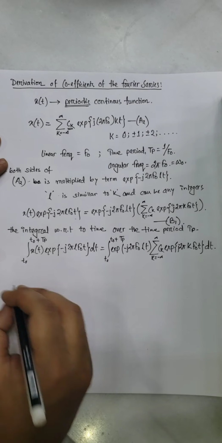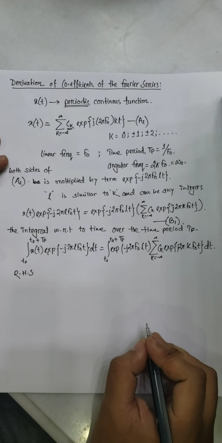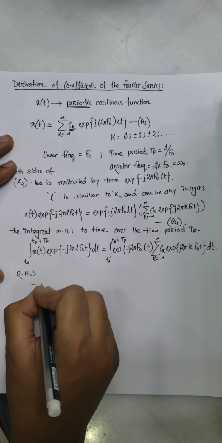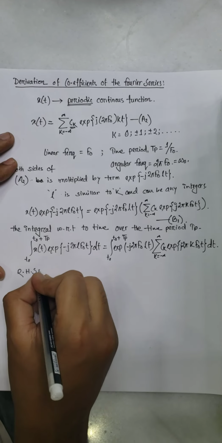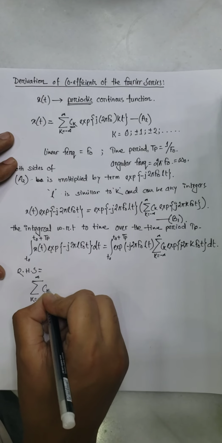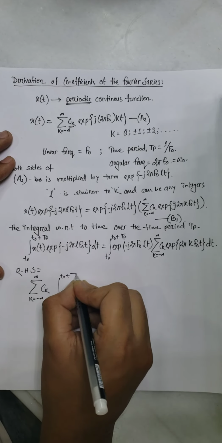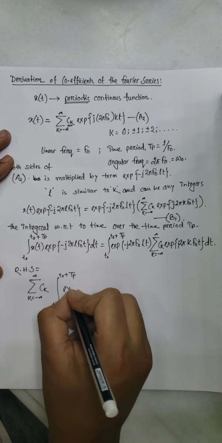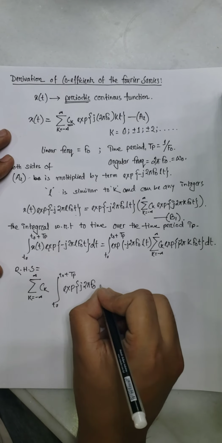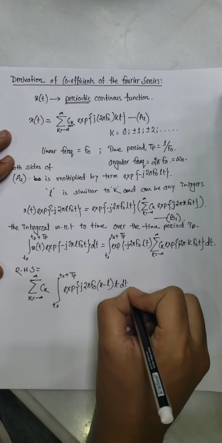Now let us be concerned with the right hand side of the equation for this time, and the right hand side can be further simplified as summation from minus infinity to infinity of c of k, integral from t naught to t naught plus t of p, e to the power j 2 pi f naught k minus L t dt.